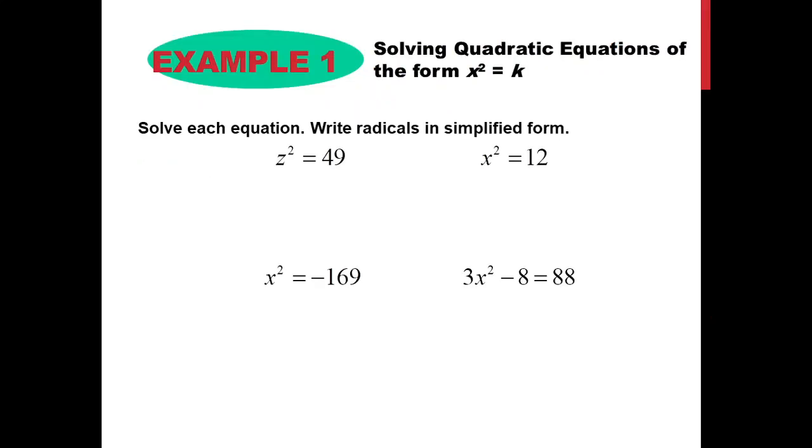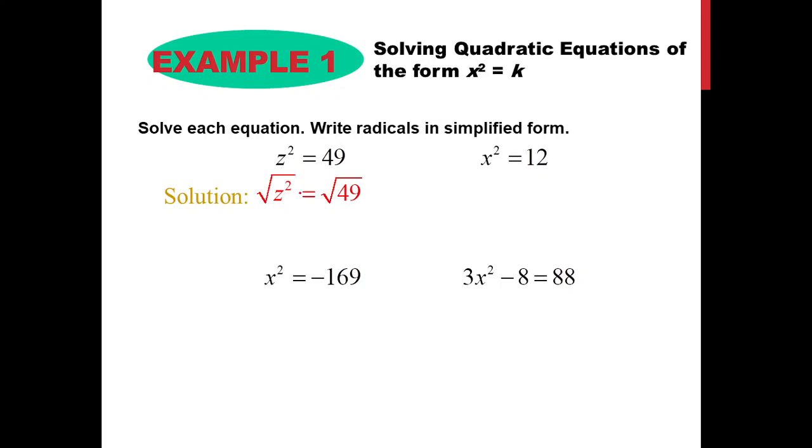Now let's have an example, solving quadratic equations in the form of x squared equals k. The first one is z squared is equal to 49. To solve this one, all we need to do is to extract the root on both sides, giving us the square root of z squared is equal to the square root of 49.